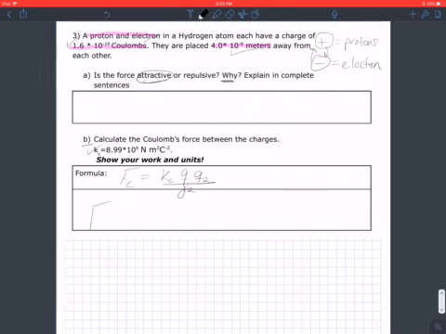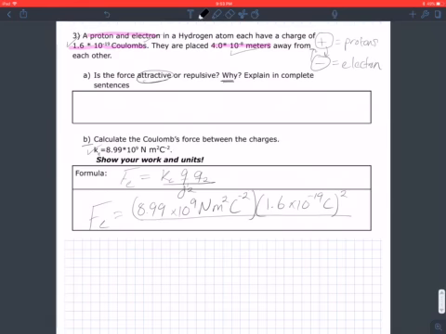So K is 8.99 times 10 to the 9. Now let's make sure we put our units. Newtons, meters squared, coulombs to the negative second. Now Q1 and Q2 are the same, 1.6 times 10 to the negative 19 coulombs. Now it is squared because there's two of them. I just don't want to write it all.